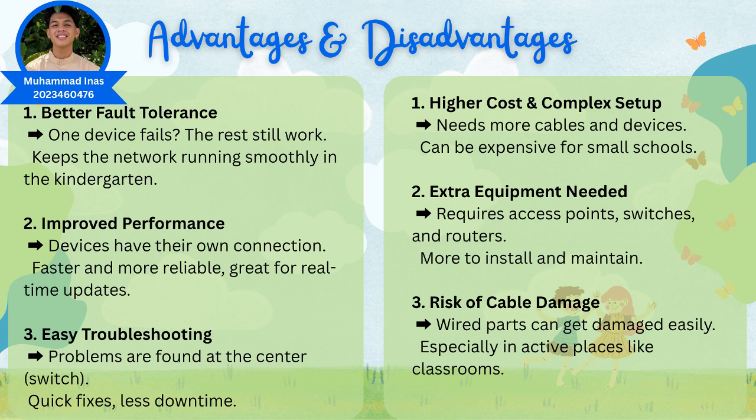In an active environment like a classroom where furniture and equipment are moved around often, cables can get pulled, bent, or damaged if not installed or managed properly. Damaged cables can cause network disruption or failures, which can impair operation and require time and cost to repair.